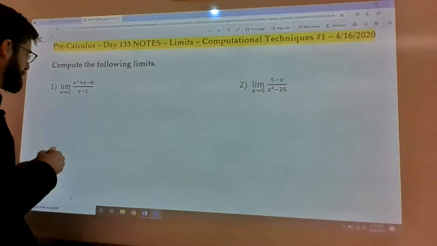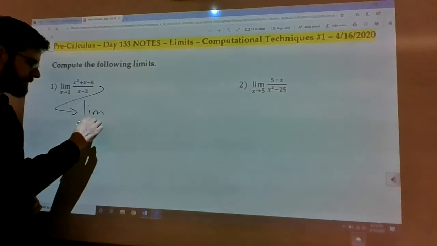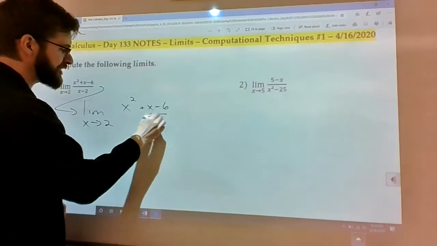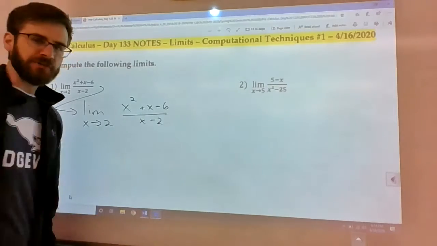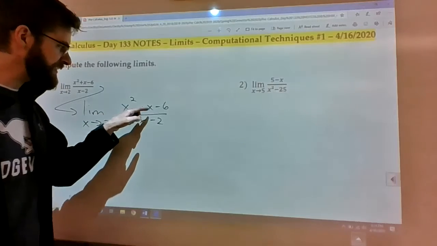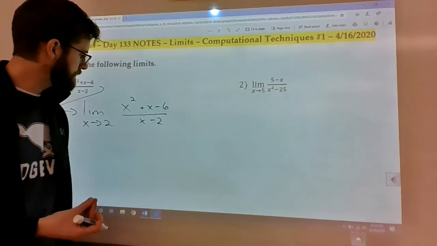Okay? So, I'll write this a little bit bigger so you can see it on the video. These are the notes that are attached in Classroom. So what I want to do is investigate the top. Does x squared plus x minus 6 share a factor with the bottom?